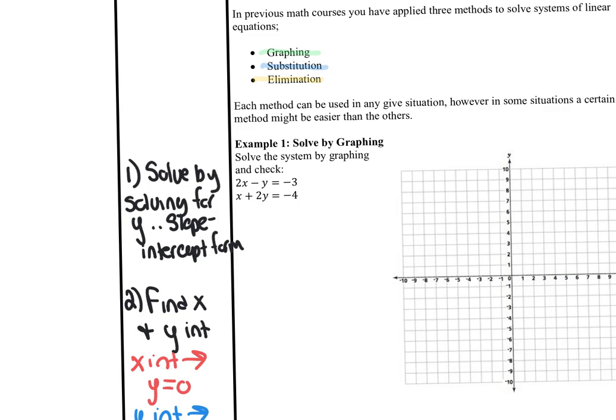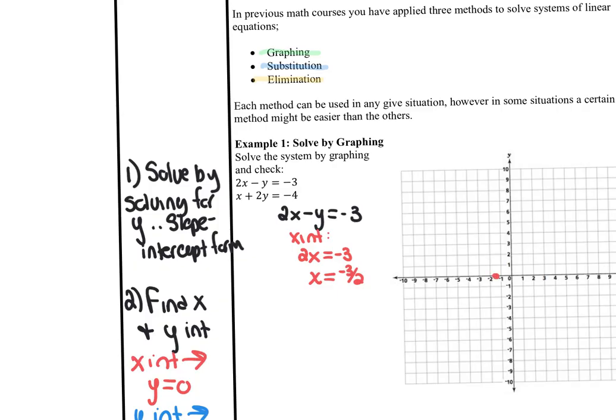So I'm going to do the top equation. I have 2x minus y equals negative 3. If I want to find the x-intercept, I let y equal 0. So that gets me 2x equals negative 3, and then you'll divide, so x will equal negative 3 over 2, which is like negative 1.5. It's right there.